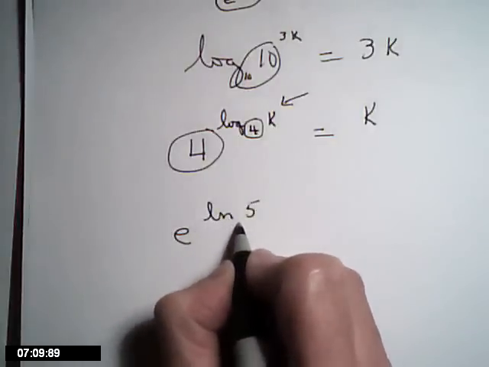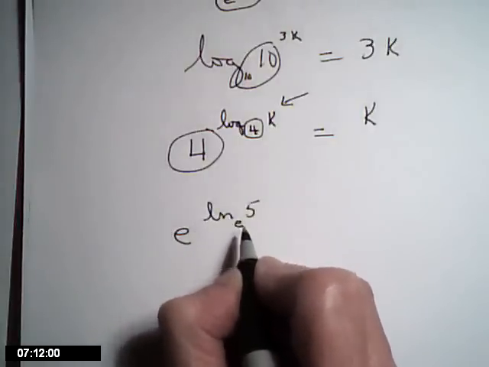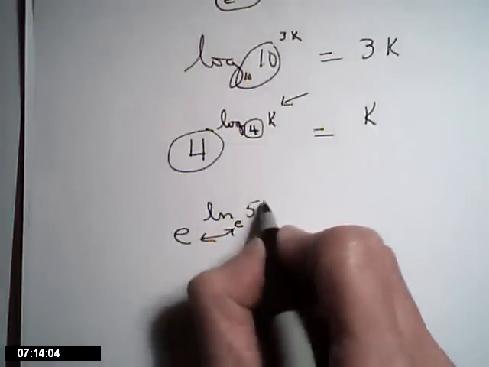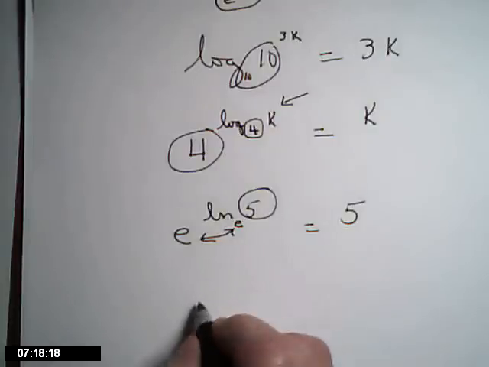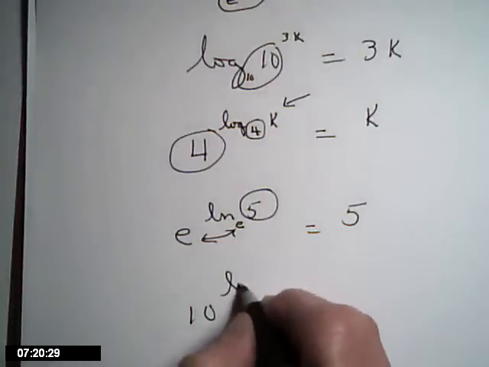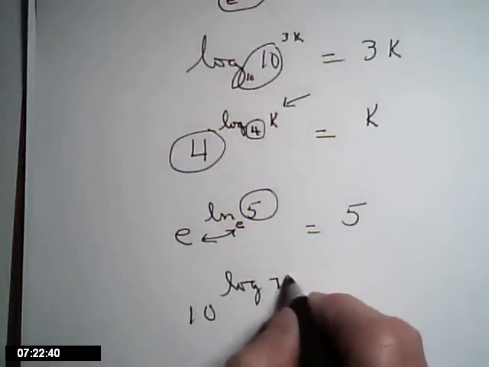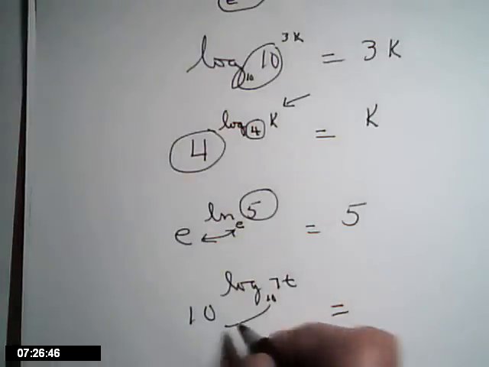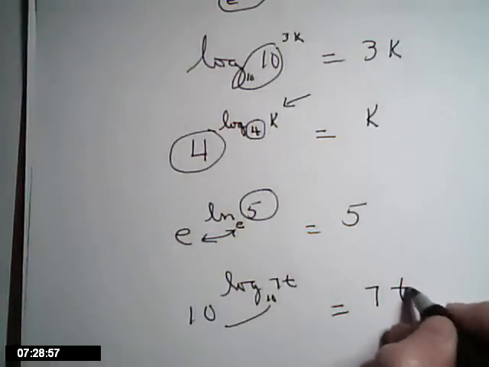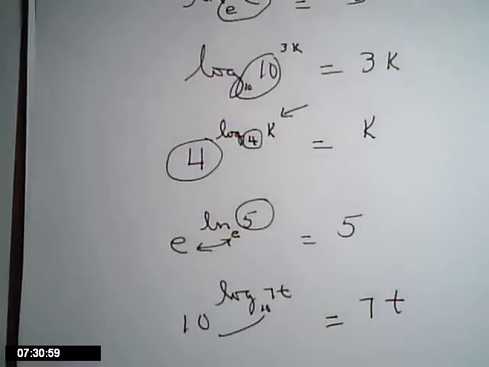Now remember, this is understood with ln to have a base e. These are the same, so my answer is 5. And I have 10 to the log 7t as my power. Alright, understood base 10. These are the same, so 7t would be my result. This is just another review to pull some thoughts together.